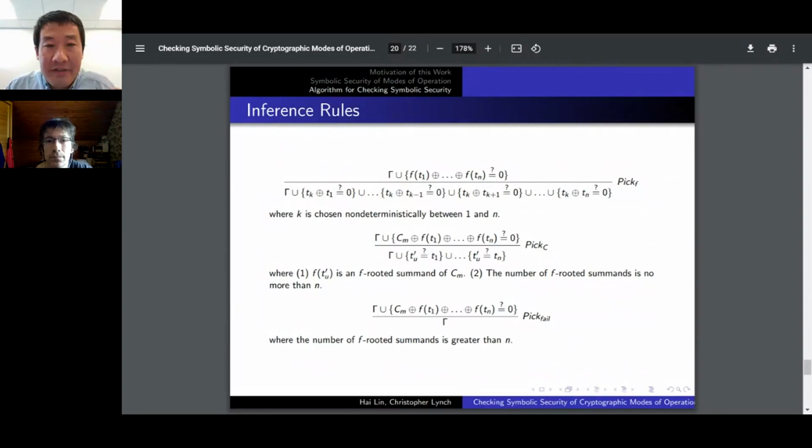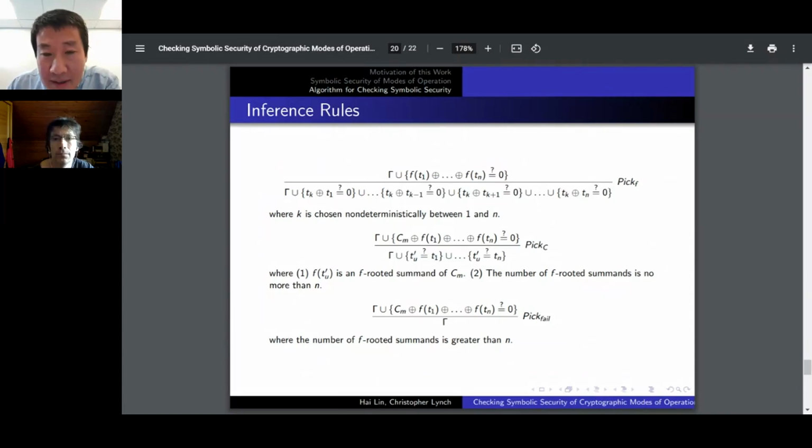So f of tk can go away if tk is unifiable with t1, or if it's unifiable with t2, and so on. So that's the pick f rule. And the pick C rule says if we have Cm XORed with a bunch of f-rooted terms, then essentially we can first unfold Cm and apply the pick f rule under some condition.